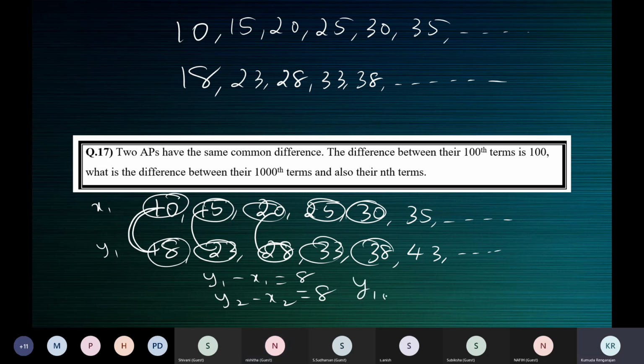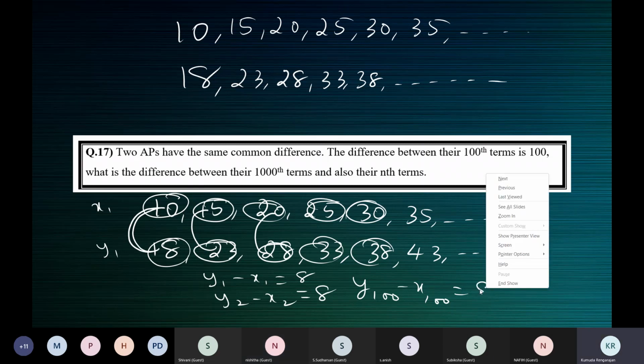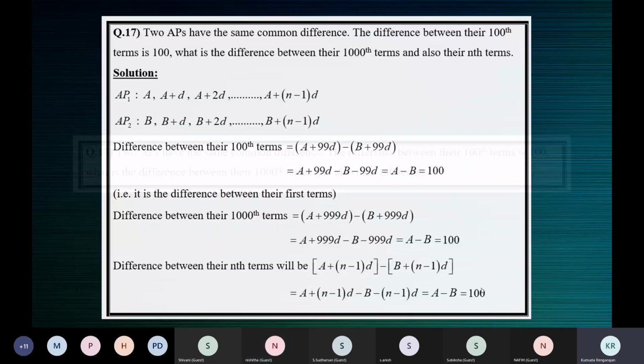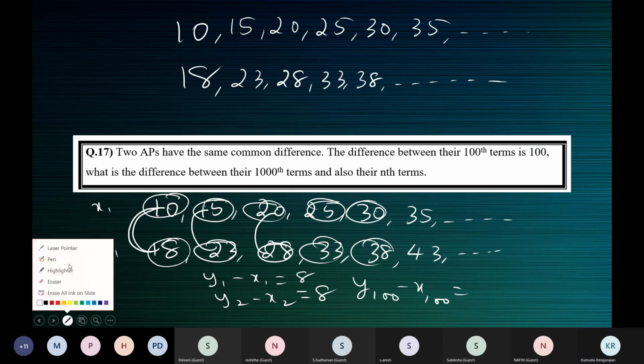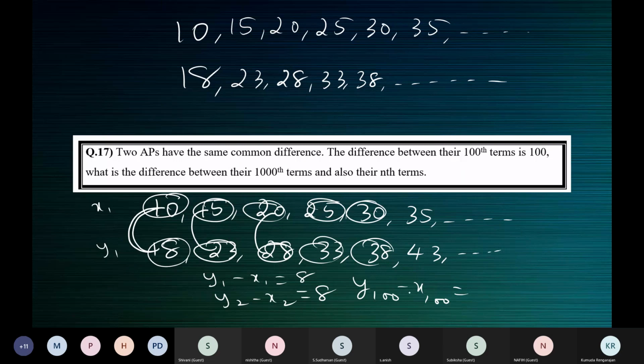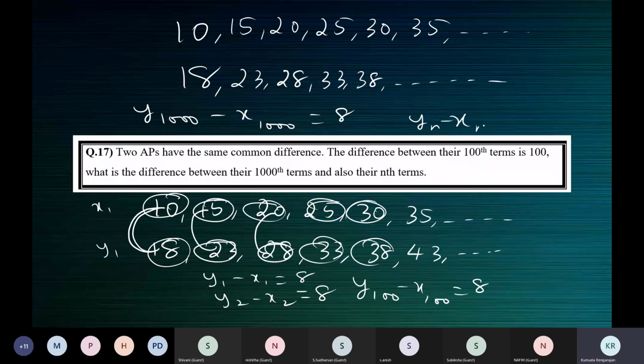What is y100 minus x100? 8. What is the difference between the 1000th term of both the APs? 8. What will be the difference between the nth term of the two APs? 8.